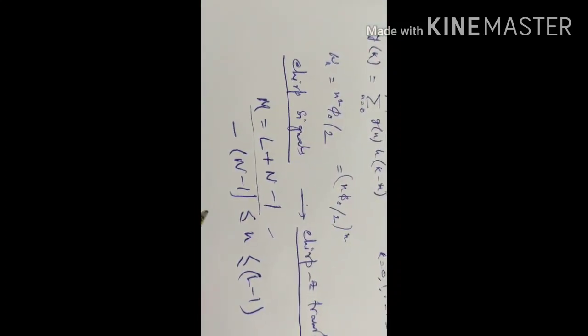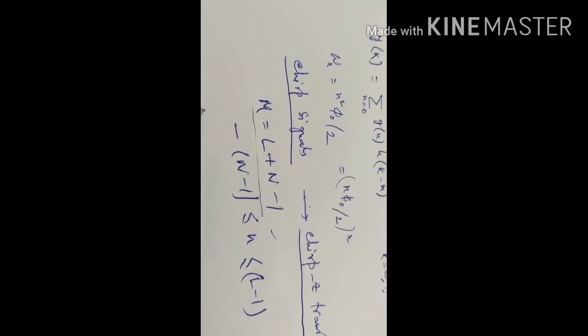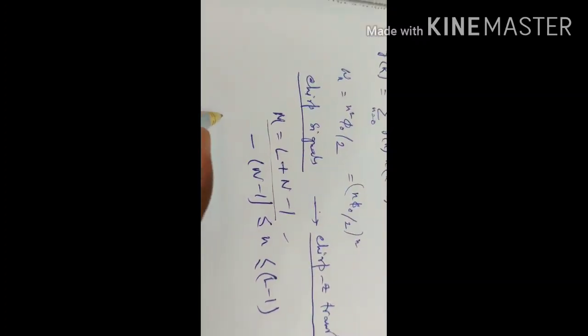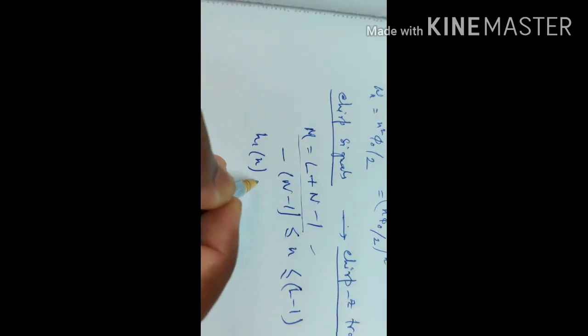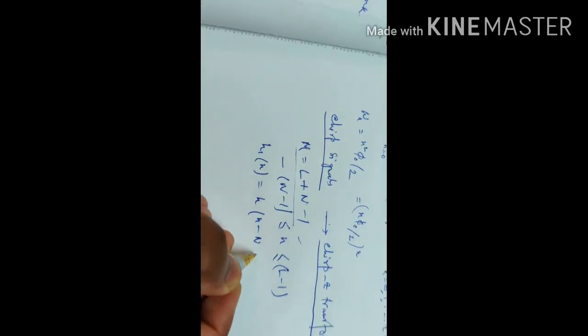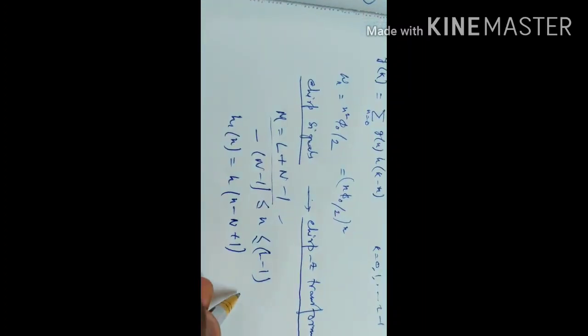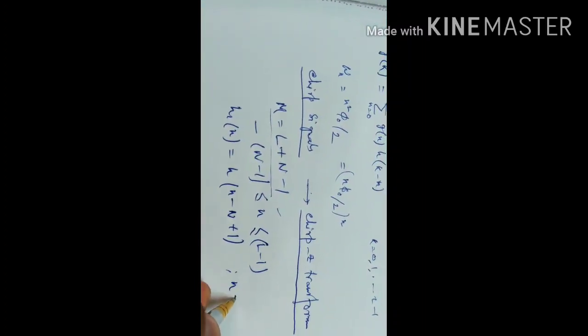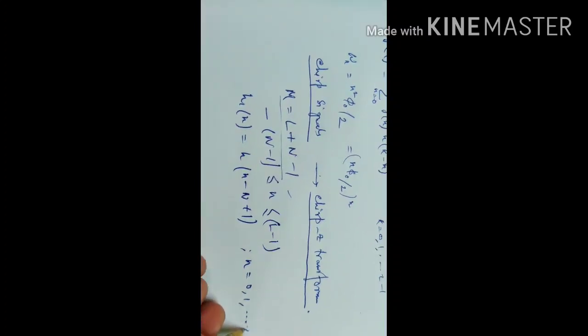So let us define h1n as hn minus n plus 1, where n equal to 0, 1 up to m minus 1.